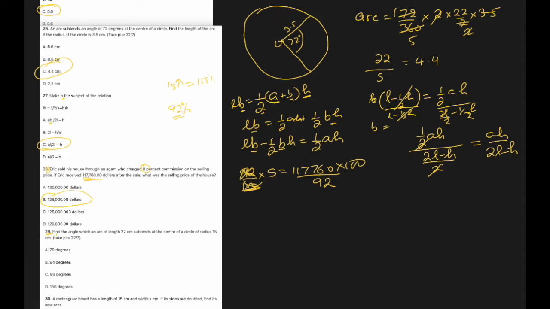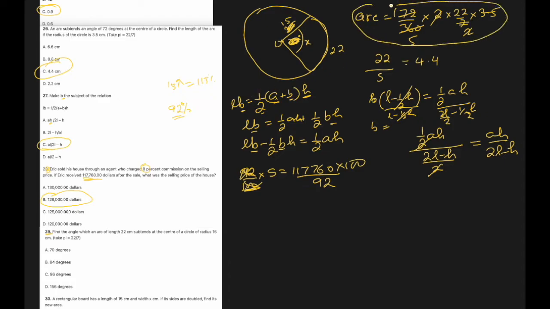Number 29. Find the angle which an arc of length 22 subtends at the center of a circle of radius 15. Again, a similar question. This time the angle is unknown, let's call it X. So we use the same arc formula.